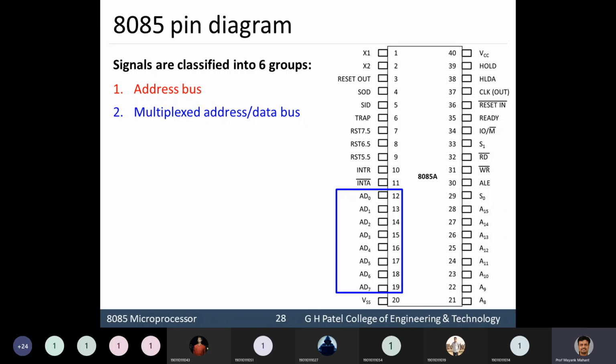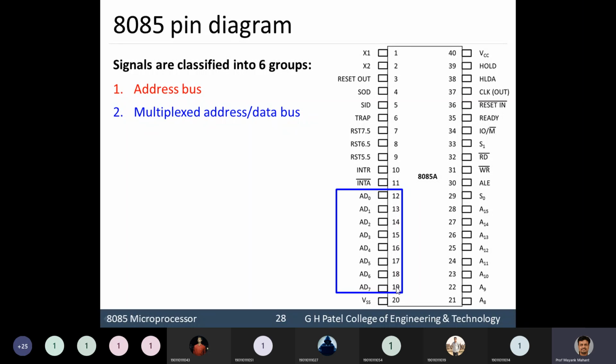The higher order addresses A8 to A15 are not multiplexed, but the lower address lines are multiplexed with the data. The signal used for this multiplexing is what we call ALE, address latch enable.